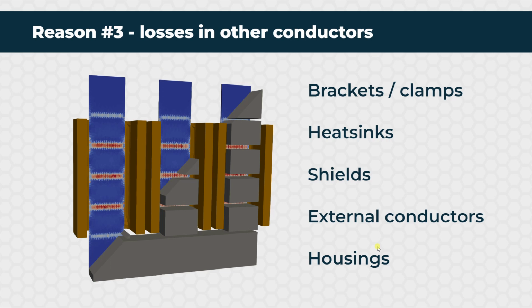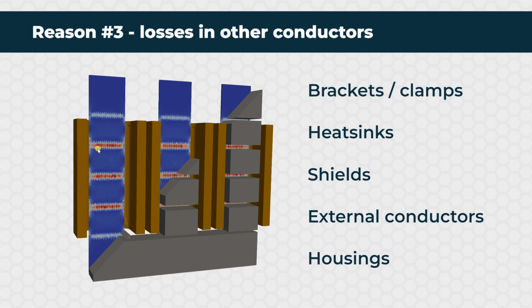Although most flux tries to follow the magnetic path of the core, there is some fringe flux, and there is still some flux escaping your component and introducing some losses. With 3D FEM you can account for them.